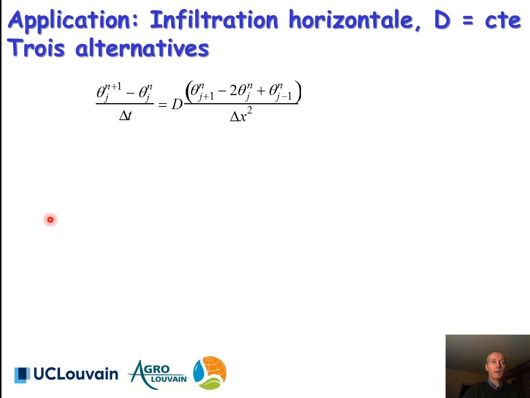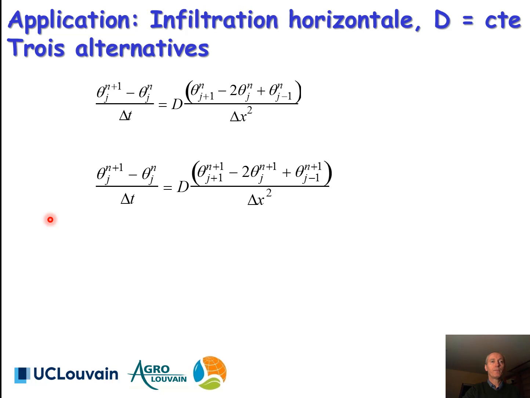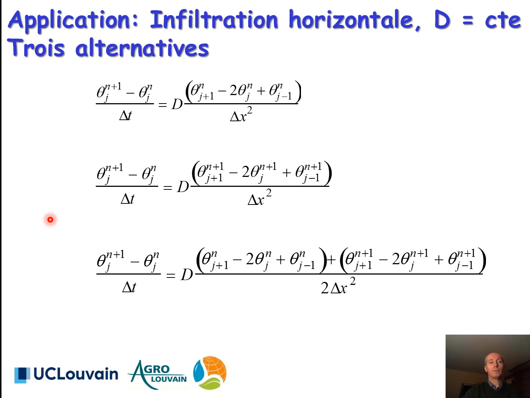Alternatively, we can obtain an implicit solution, allowing us to evaluate multiple future solutions in terms of a known solution theta at g. Still another solution is the mixed solution.